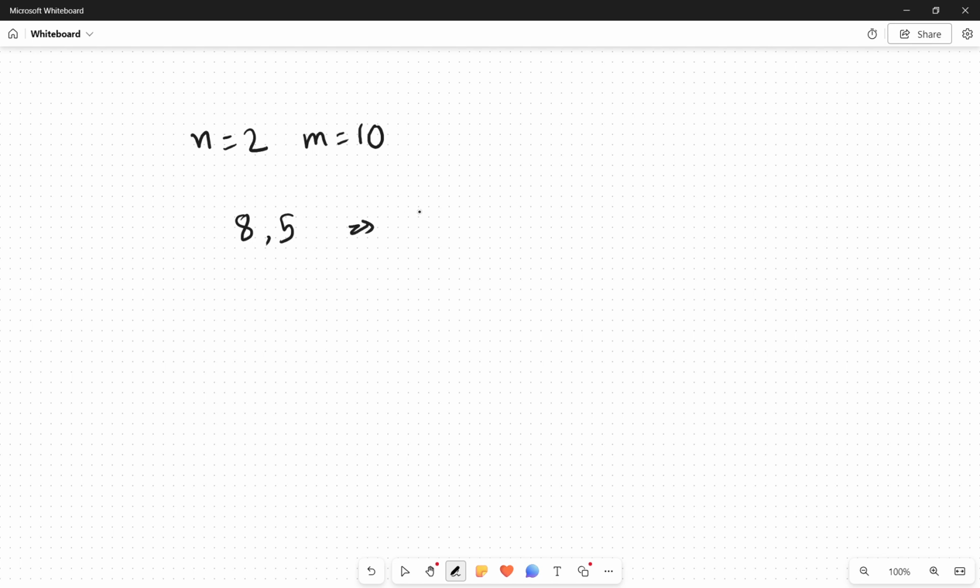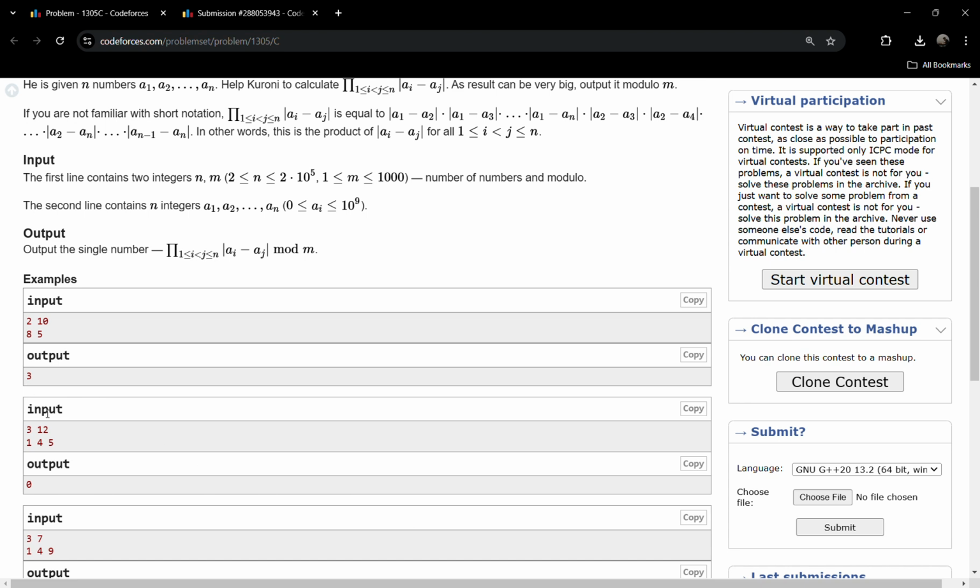Here only one pair is possible, mod of 8 minus 5, which is equal to 3, and 3 modulo 10 is simply 3. So in this case our answer should be 3. So it is correct. Let us take a look at the second example test case.